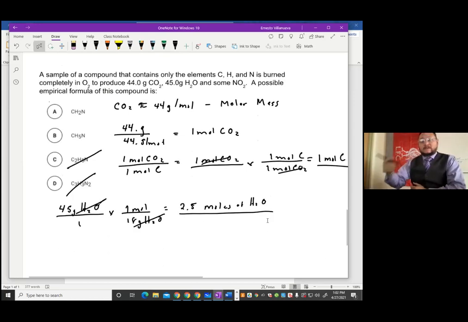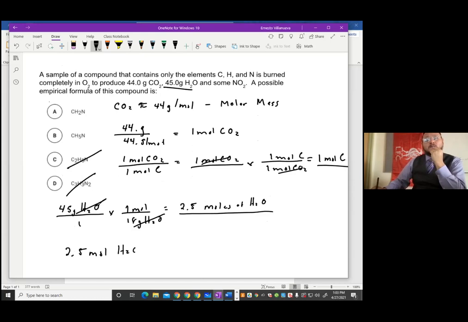Now we're going to do the same thing we did with the CO2 and the carbon. All we did was convert the 45 grams of water that they gave us to moles. So if I have 2.5 moles of water, in 1 mole of H2O, how many moles of hydrogen do we have?